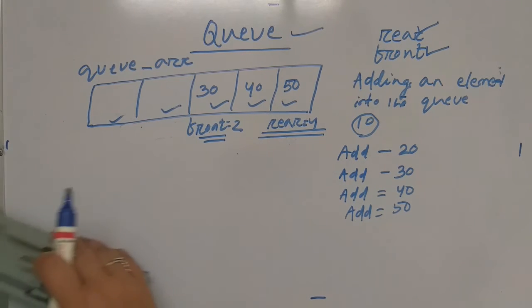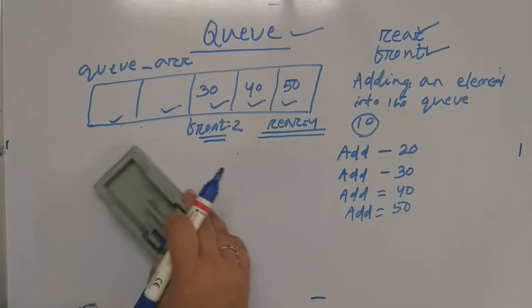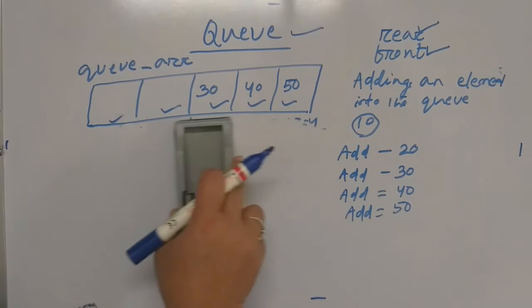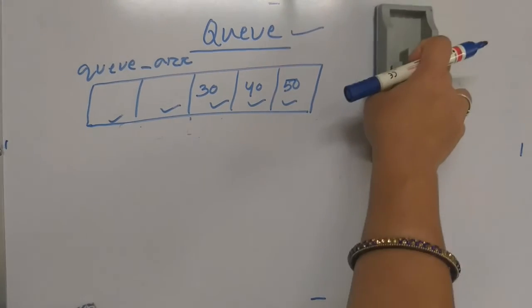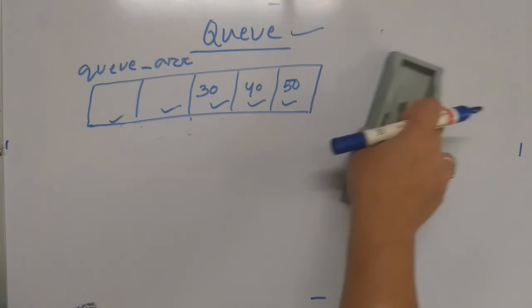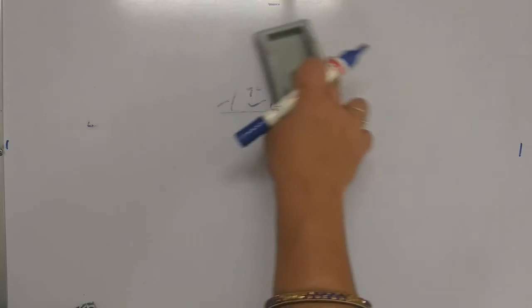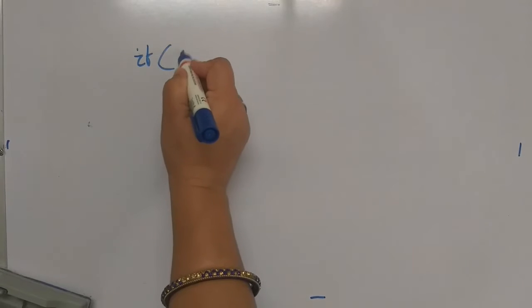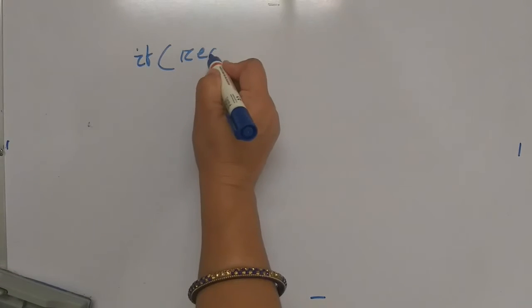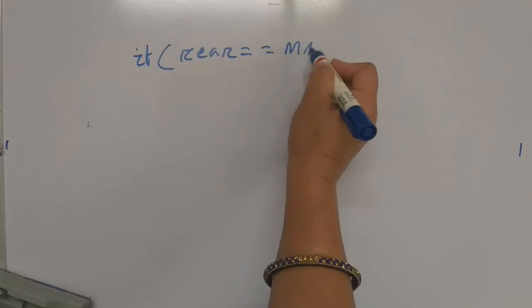Whenever we write the function, what is the procedure we follow? So look at this procedure whenever we write any program. First we write it like this: if rear is equal to max minus 1.